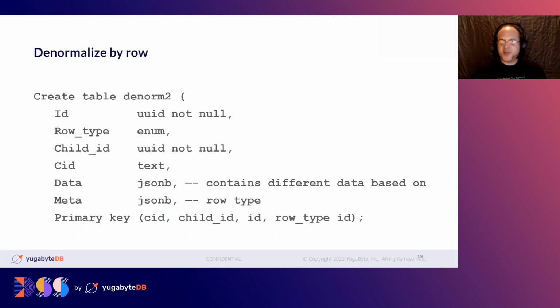If I see a parent ID and a child ID both populated, then that's telling me that the child has a relationship to the parent. And if I see a parent ID null and a child ID populated, then that's just a child entry, not associated with any parent. And again, the data and metadata are going to be just describing the child object. So that's a way, again, to eliminate a table and eliminate a join, but it's got some logic overloaded into whether or not certain columns are populated.